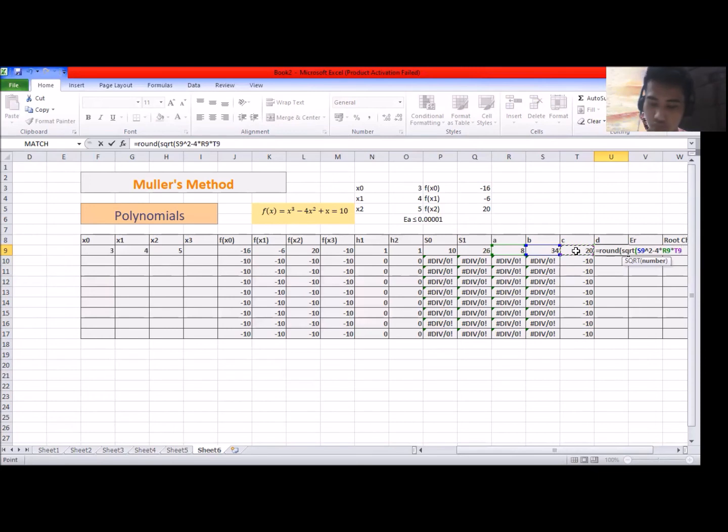So we get the value of d, 22.7163. Then we substitute the formula again here.